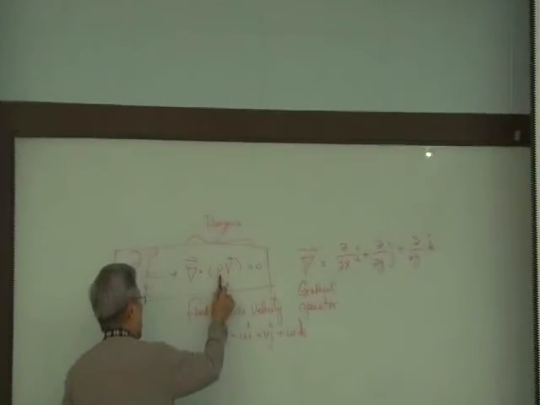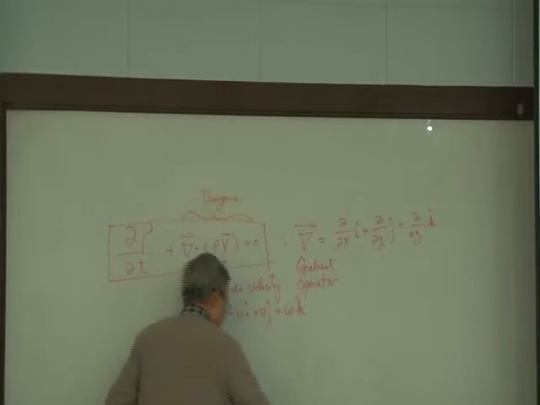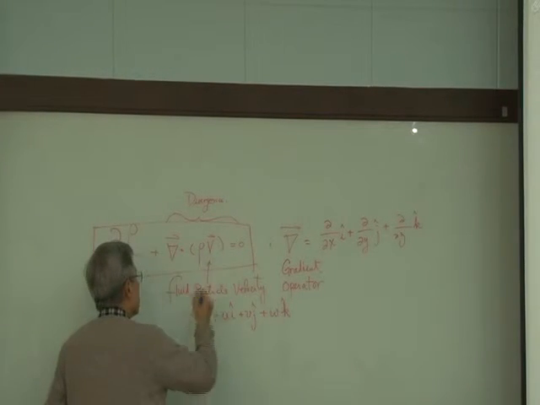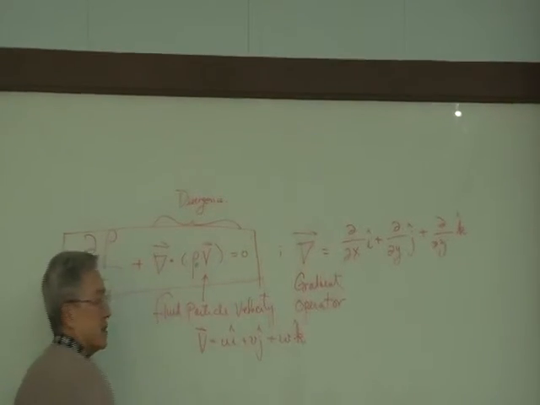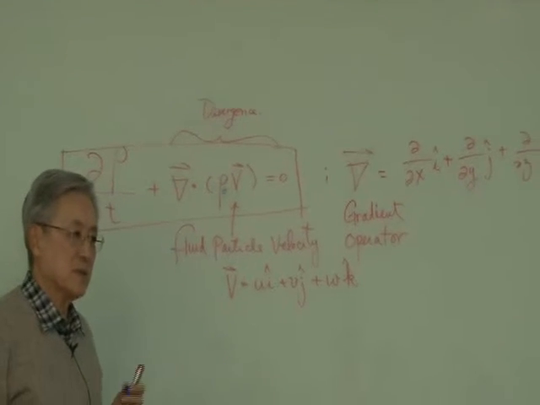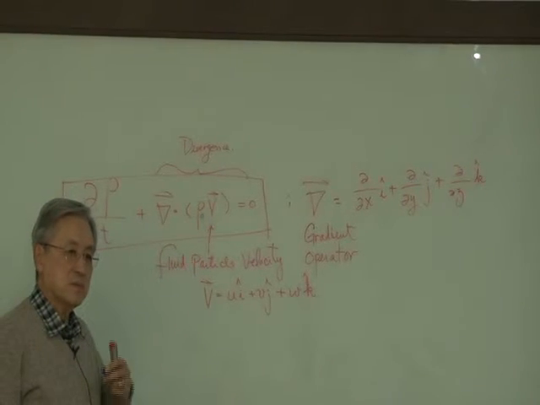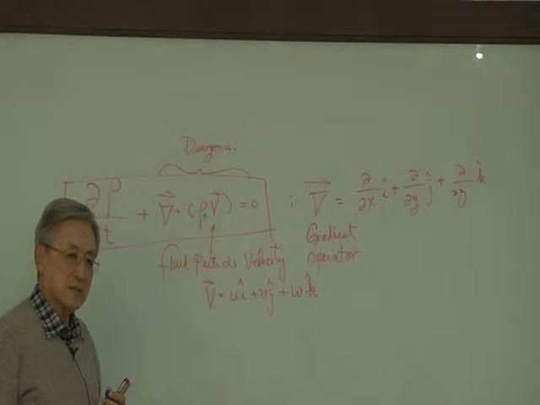If rho is a constant, I can call it rho naught. When I put the naught, it means a constant. In a lot of places I use the subscript naught, which implies it's a constant.